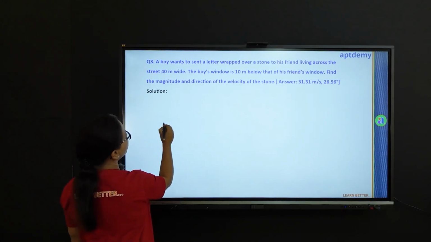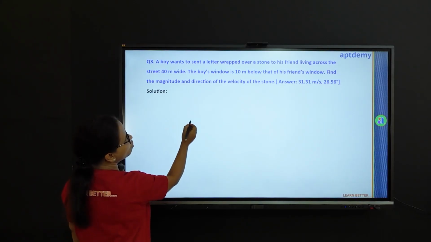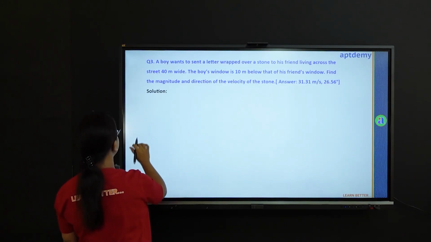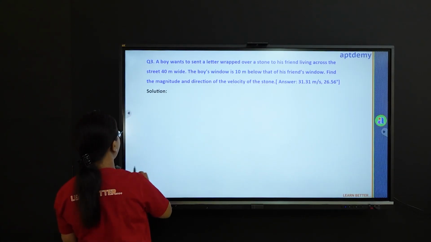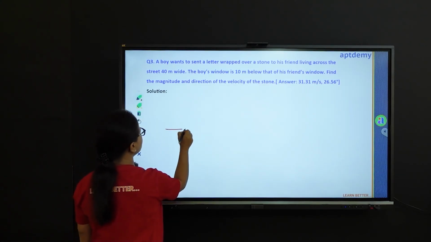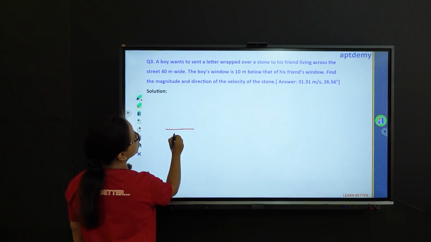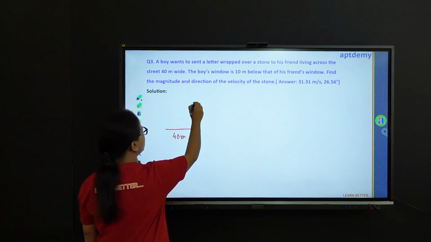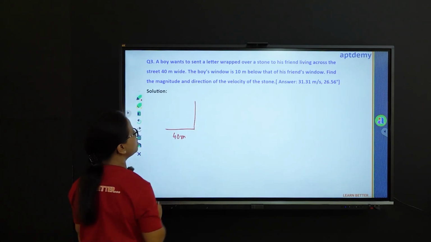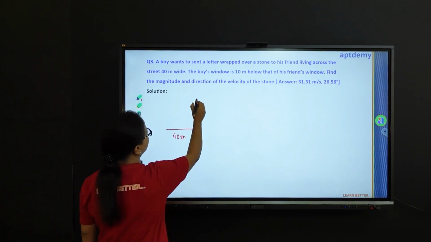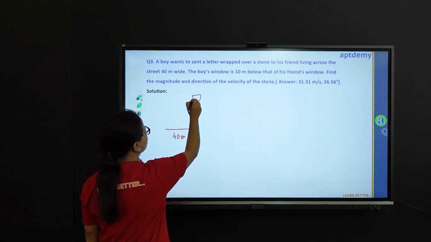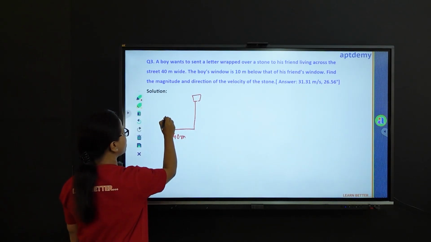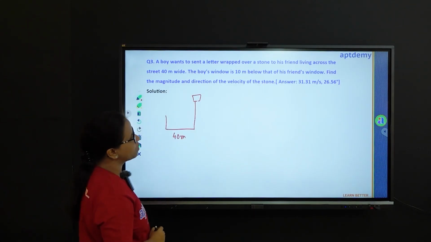We have a boy who wants to send a letter to one of his friends living across the street. So this is the street that we have and the distance is 40 meters. This, I believe, is a girl. So she's sitting here in her window waiting for the letter, and the boy is at a certain height from the ground.